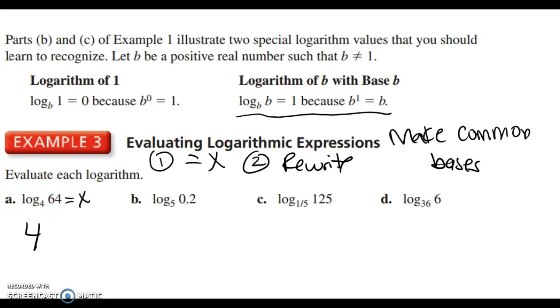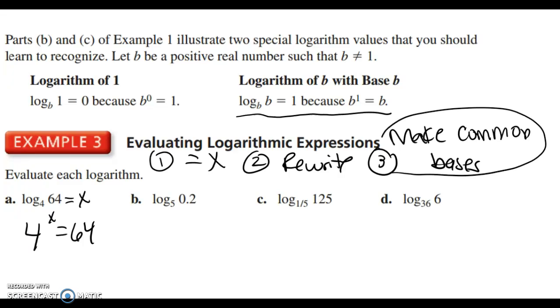So write it as 4 to the x equals 64. Step 3, make common bases. So 64 can be written as a base of 4. 64 is 4 to what power? 4 to the 3rd. And then your last step is solve for x.